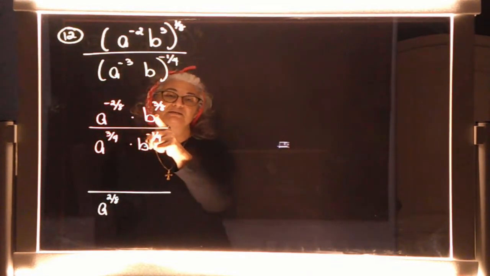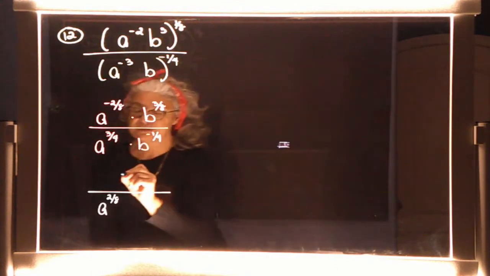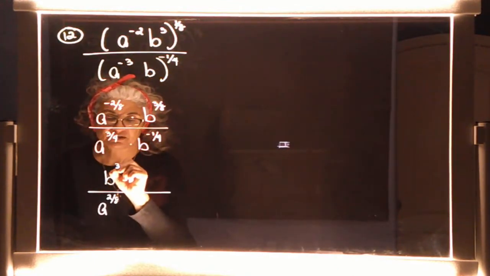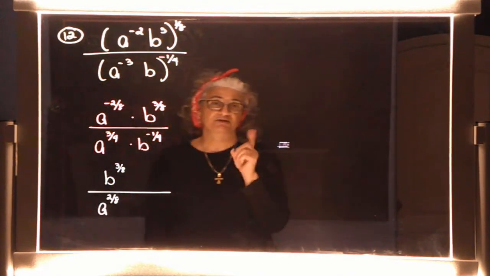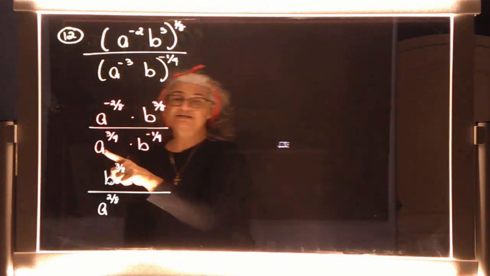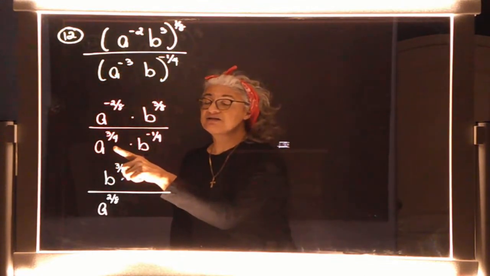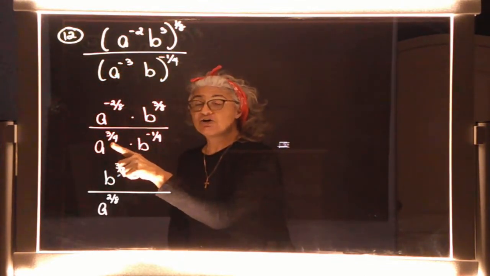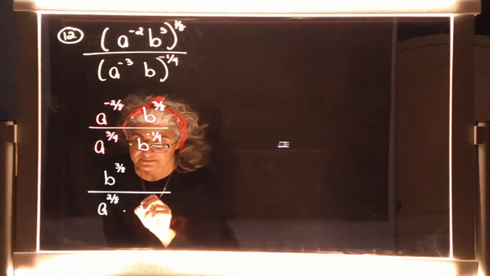B to the 3/8. That's positive, so do I move it? Nope, it stays on the top. B to the exponent of 3/8. Good. A to the 3/4. That's a positive exponent, isn't it? Do I move it? No, it stays on the bottom.